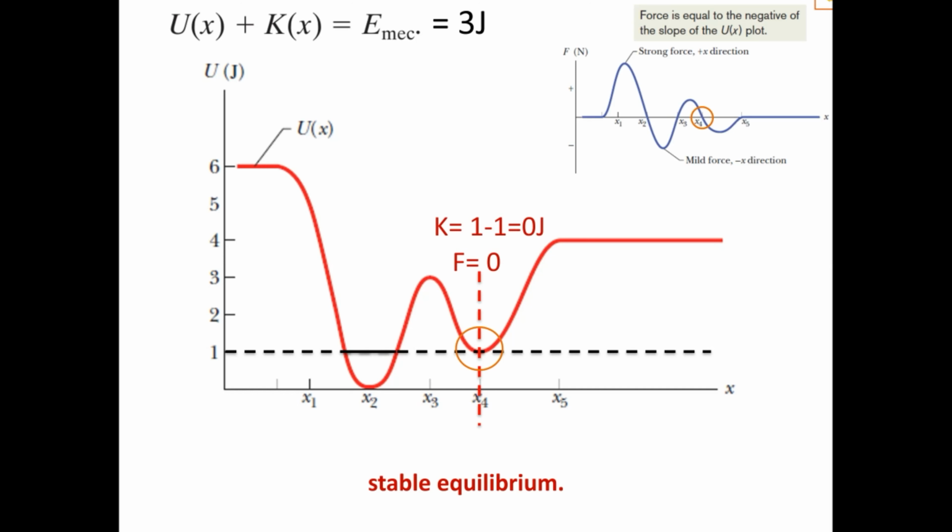What's a stable equilibrium? A stable equilibrium is the best kind of equilibrium. Look here. If you are at this point, no matter what you do, you go to the left, you go to the right, you're still going to come back to exactly this position. Think of a big marble before a small hole.